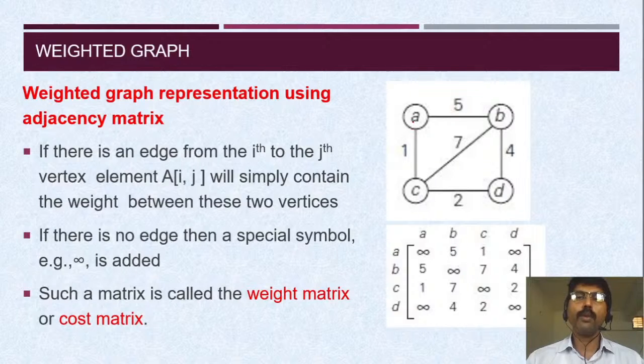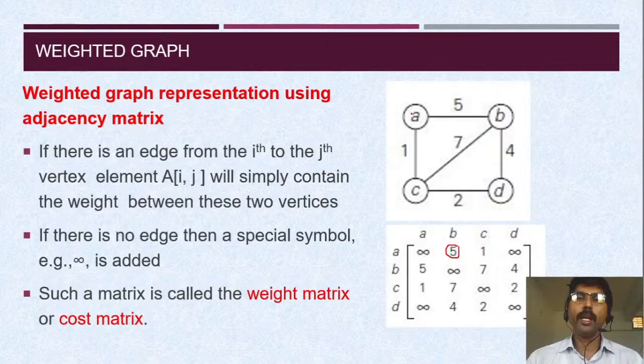For example, consider this one is i and this one is j, between the ith and jth element there is an edge having a weight of 5. So what we are doing here is, between A to B there is an edge and its weight is 5.